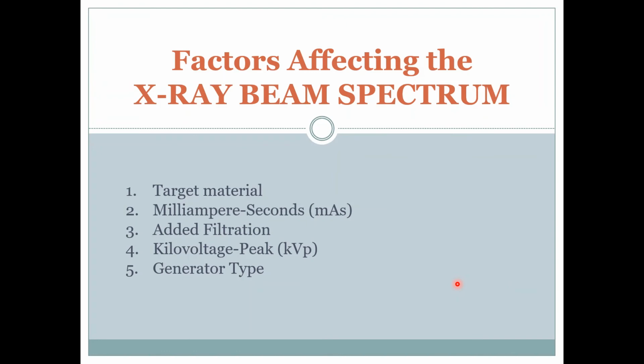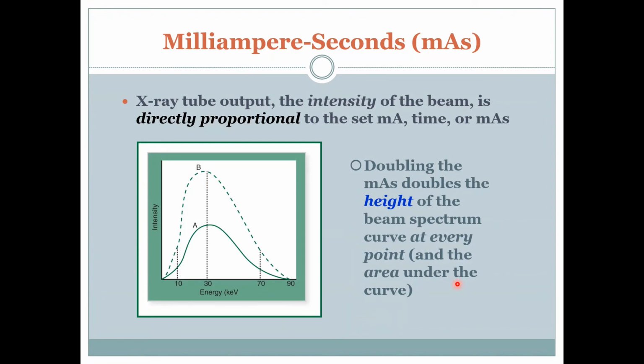Okay. So factors that will affect the beam spectrum that have nothing to do with those two, well, they have some stuff to do with those two interactions, but more to do with how the machine is put together. One is the milliamp seconds, the mAs that you're selecting.